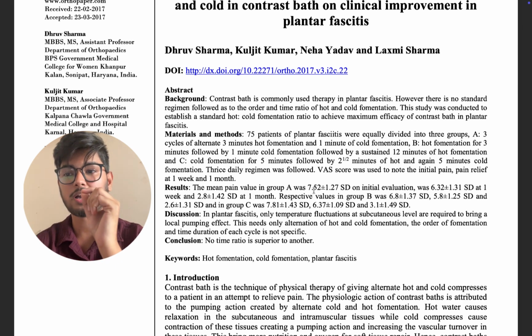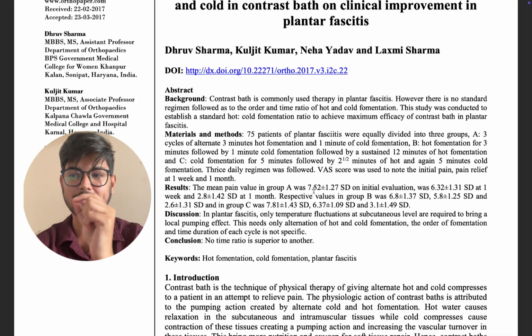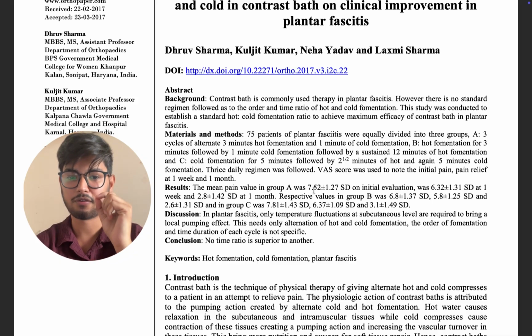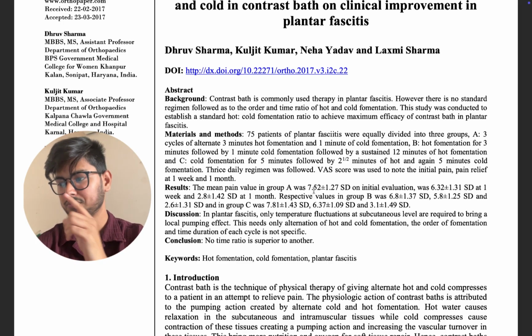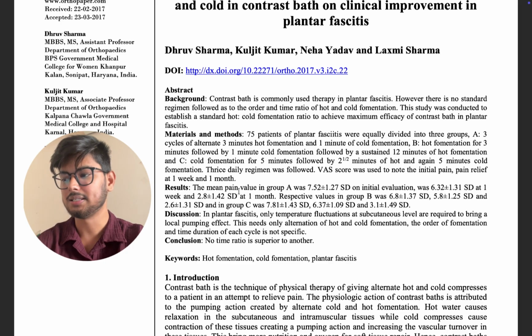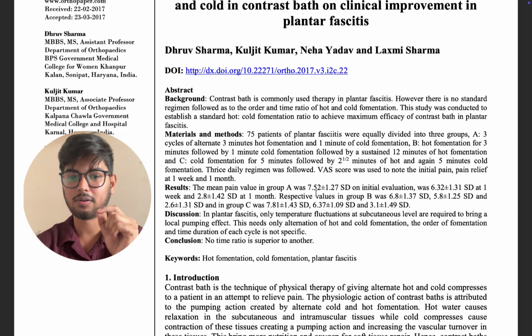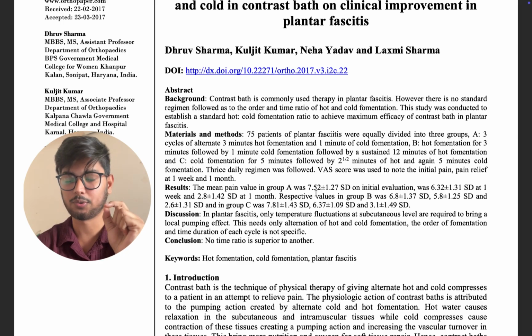So suppose you have 5 patients with pain scores of 8, 7, 9, 8, 6. If you divide the sum by 5, you will get 7.6. That is the average pain value. Similarly, the mean pain value in group A was 7.52 on initial evaluation on day 1.